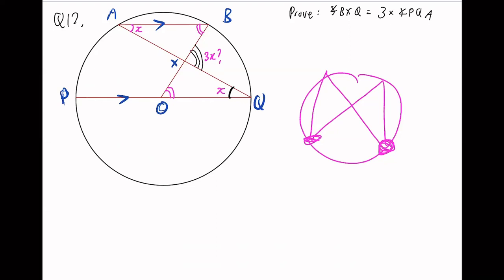Okay. Look at the first one. Angle at center equals 2 times angle at circumference. So how? BOQ is an angle at center. So what do you think BOQ is now? It's not 1.5x. This BXQ is in the middle of nowhere, you don't know it.